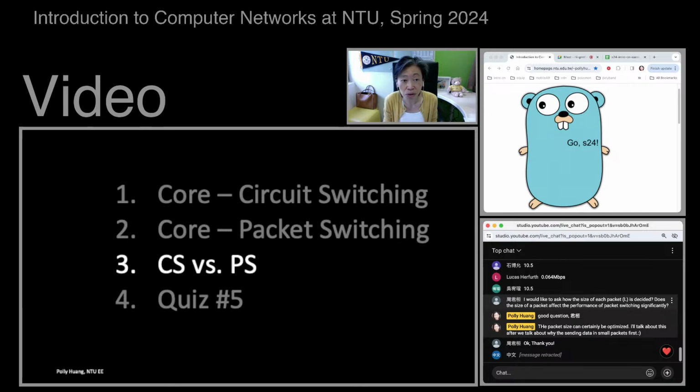You will also see that when packet size is too small, it might not be good either, because each packet has a packet header that allows the router to decide where to pass the packet on. Junhuan, I will come back to your question before the end of the lecture today.